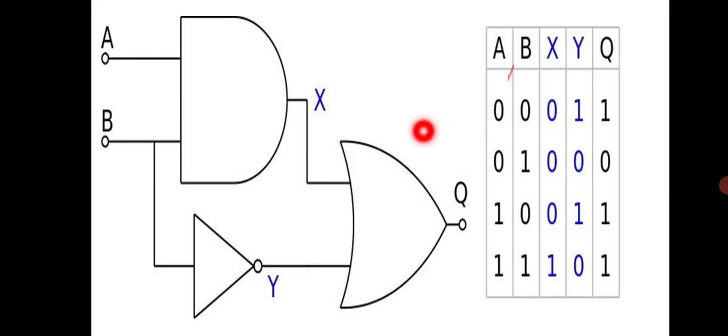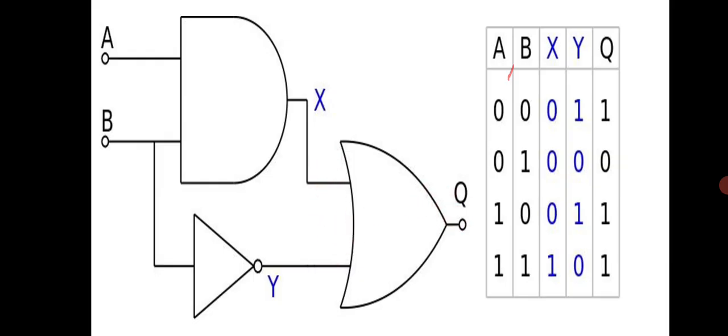When A is 0, B is 0. This is an AND gate, remember. X is going to be 0. When B is 0, that 0 will be converted into a Y, which will give us a 1. So, in order to produce Q, we have a 0 here and a 1. Remember what an OR gate does? A 0 and a 1 will produce a 1 at this end.